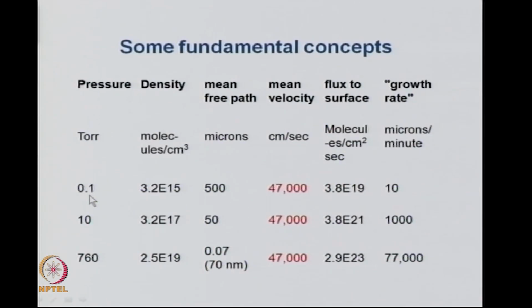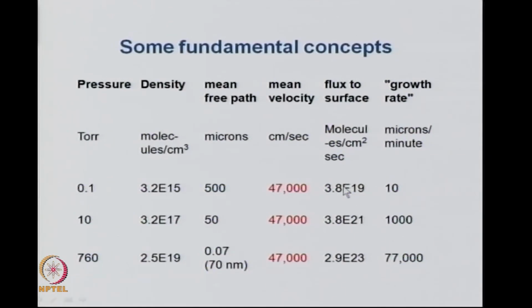At low pressures you will have fewer molecules impinging per second, of the order of 10 to the power 19, whereas at atmospheric pressure at 760 millimeter pressure of the same gas, keeping the mean velocity the same, you will have 10,000 times more molecules impinging on the surface. Depending on the number of molecules falling on the surface per unit time, if that is large, then the growth rate will be larger, and that is seen here.